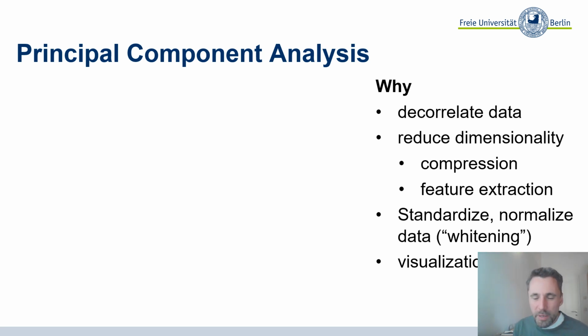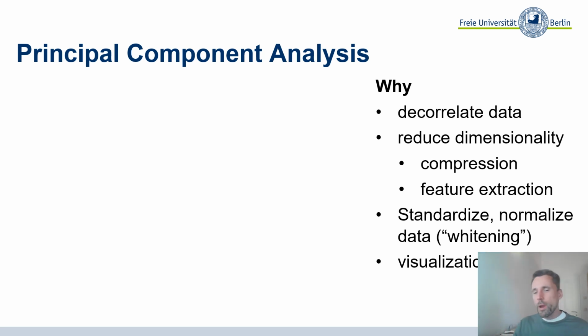So PCA, what do we do with it, and why are we doing this? Well, like you saw in the previous slides, when your data is correlated, so x1 gives you information about x2, that's something that sometimes we don't know, and we don't want. And so we want to decorrelate the data. So we want to transform our original data point into another data point that also has two factors. But now knowing one coordinate doesn't give us information about the other.